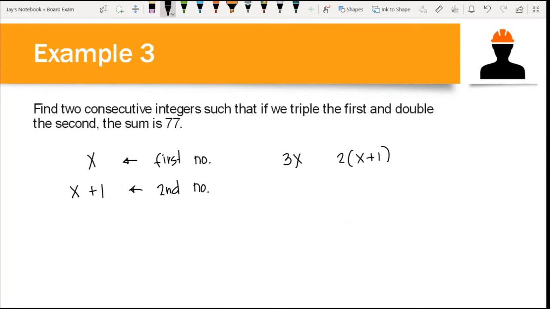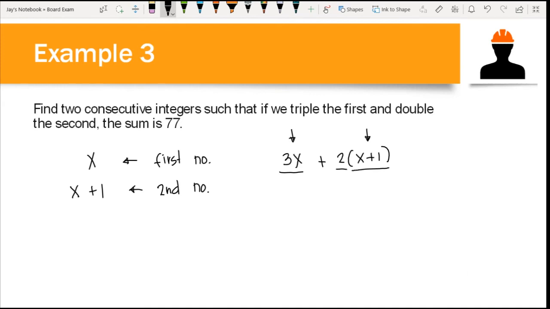So if we multiply the entire term x plus 1 by 2, the sum of the first and the second is 77. So we add these two numbers. So this is our first condition and this is our second condition.